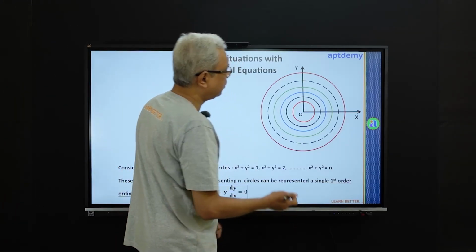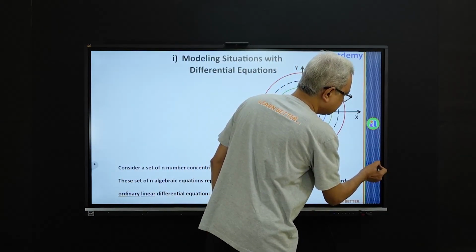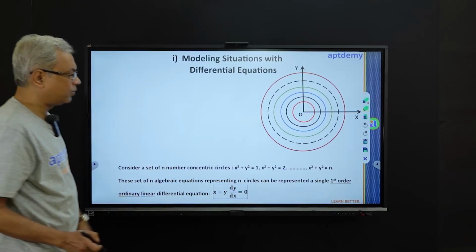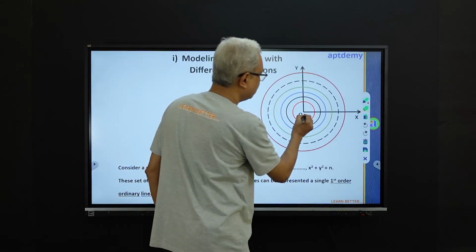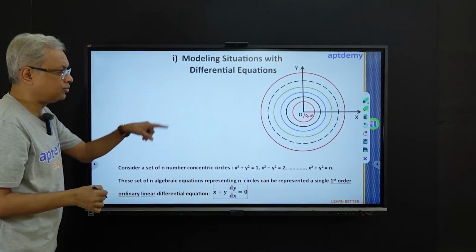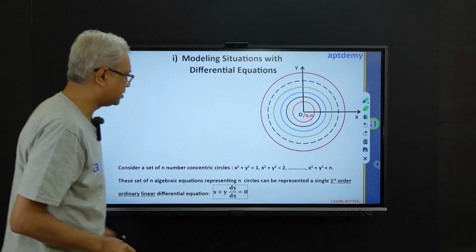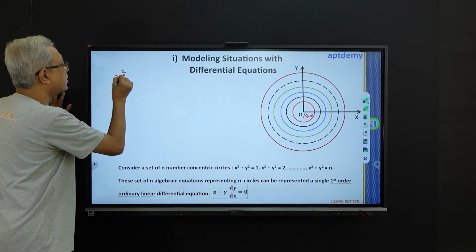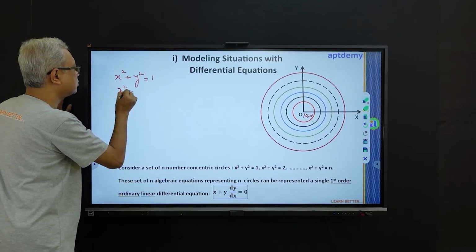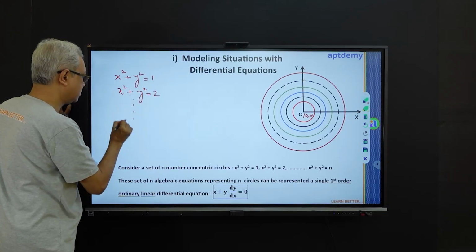Let us consider a few geometrical problems. Say, consider n number of concentric circles. This is the origin (0, 0). Centering around the origin, there are concentric circles like this: x square plus y square equal to 1, x square plus y square equal to 2, like this.